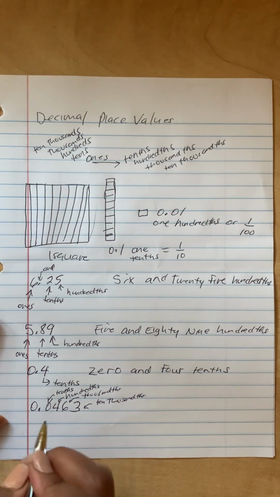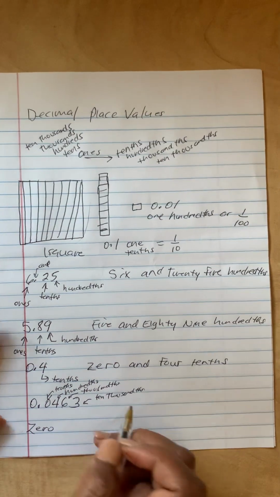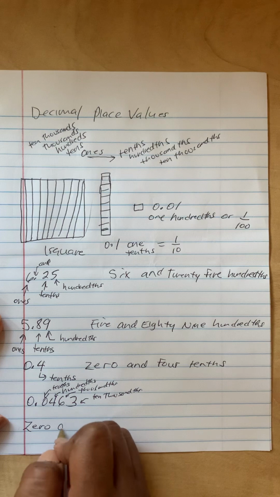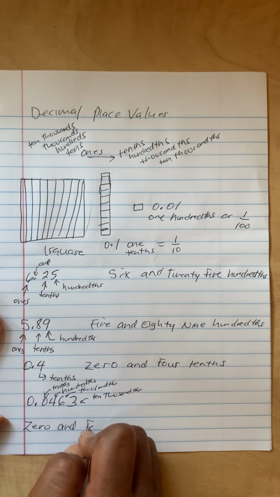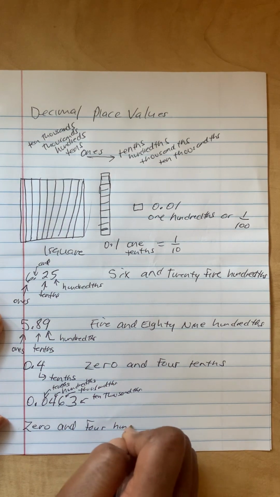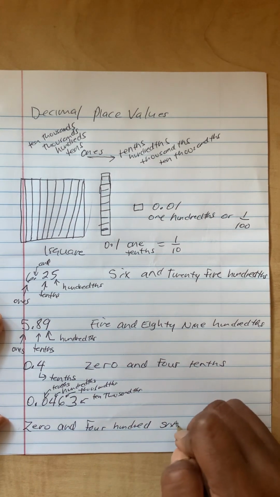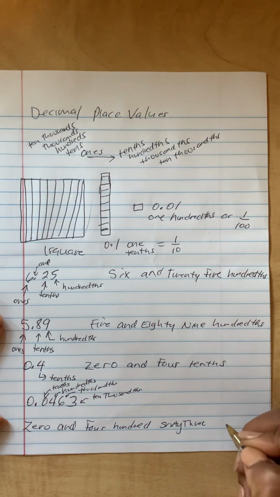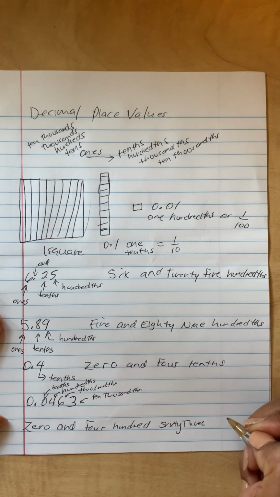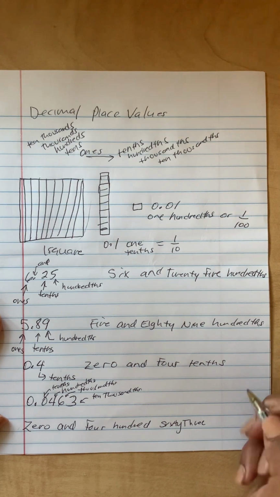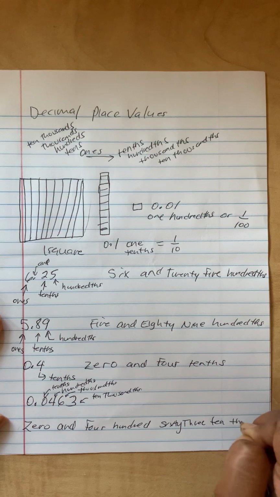So this number you write as 0 and 463 ten-thousandths. See that?